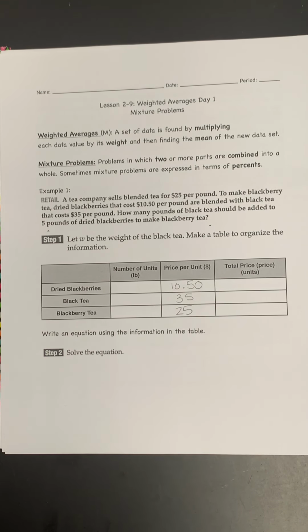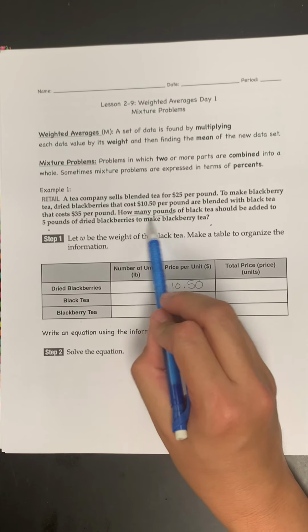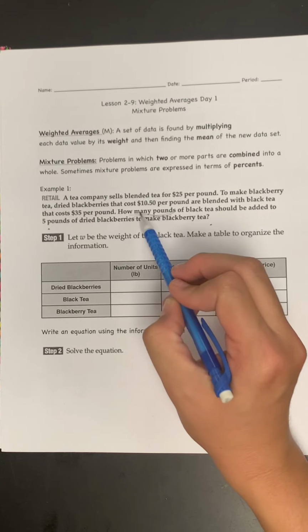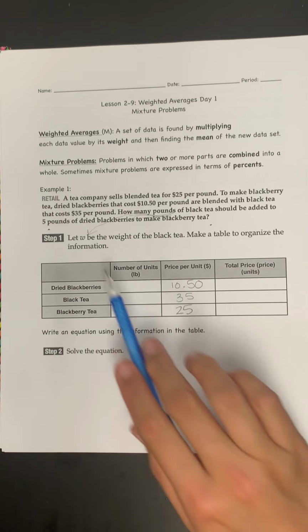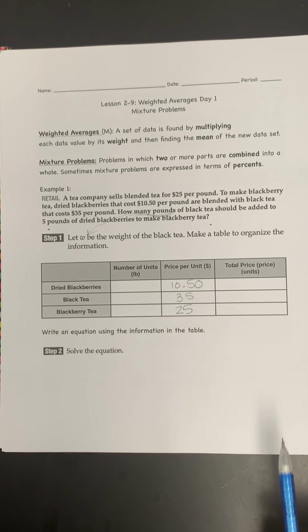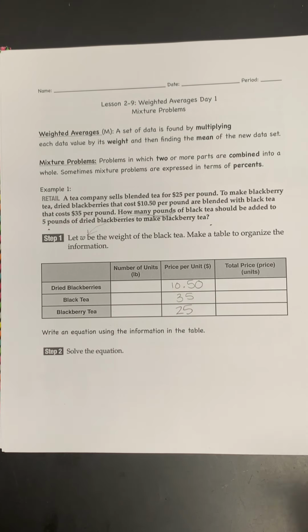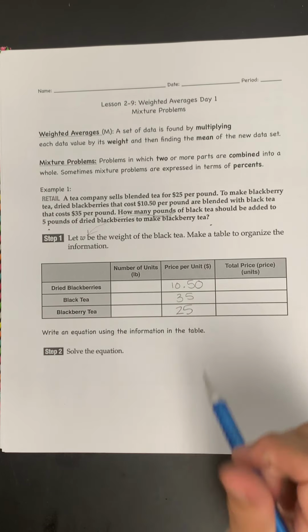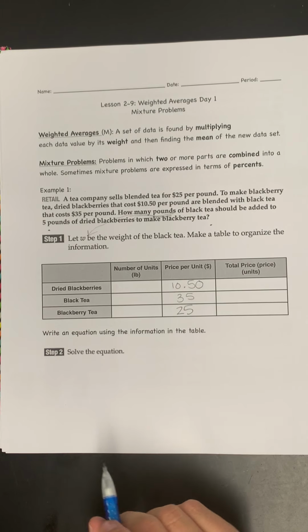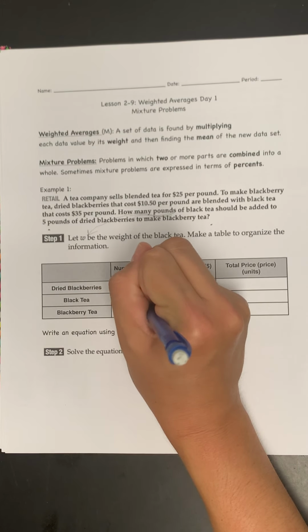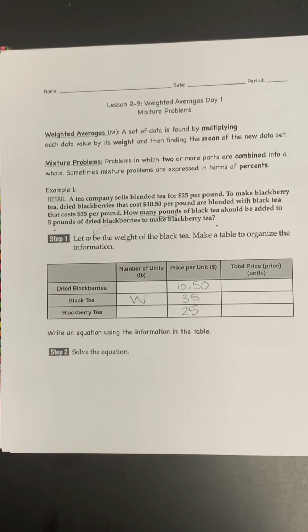It's asking how many pounds of black tea. So right there, there's your unknown, which is why if you look at step 1, it's telling you that W, and if you don't want to use W, that's totally fine, W should represent the weight of the black tea. So if we're trying to figure out how many pounds of the black tea, we're going to put a W for black tea.